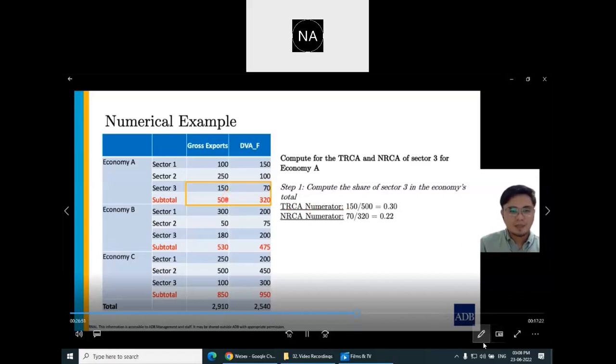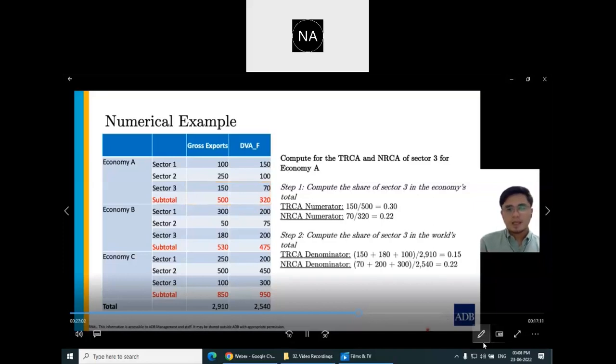So for example here, under the TRCA numerator, this is 150 divided by 500, and then under the NRCA numerator, this is 70 divided by 320.